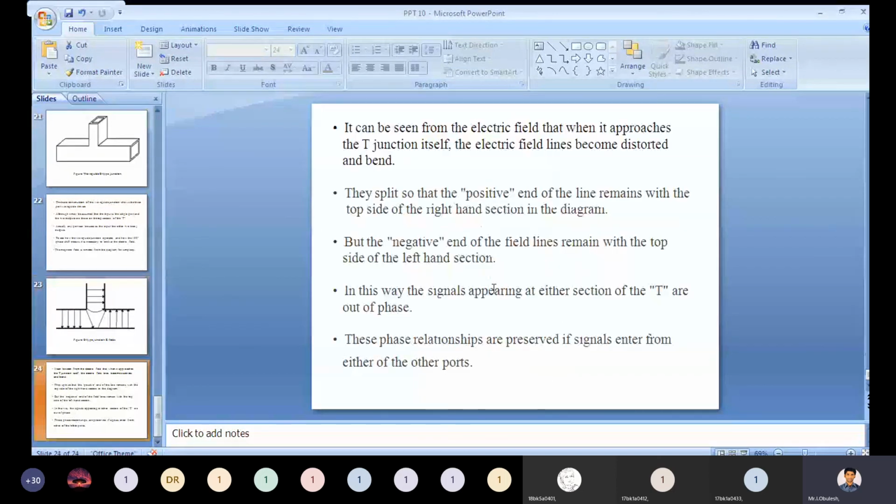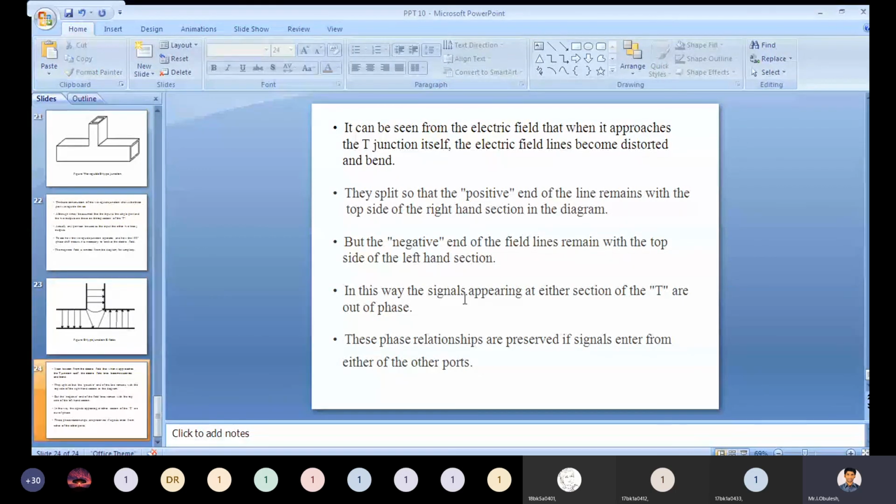In this way, the signals appearing at either section of the T are out of phase. These phase relationships are preserved if signals enter from either of the other ports.